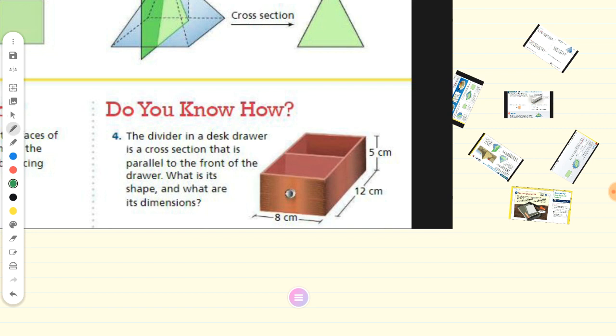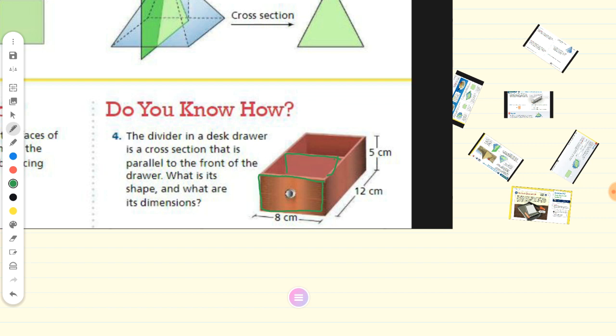We can consider this part here the cross-section that divides the drawer, and we call it a divider. It is parallel to the front of the drawer, so they are parallel.